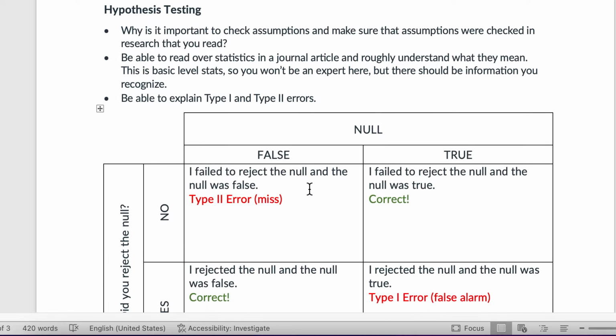Now, as far as the importance of checking assumptions. Okay, so we all remember checking assumptions as we go, right? For this course, you've had to do that several times. And you know that there are assumptions to each of these parametric statistics. We're not doing non-parametric statistics in this course, so these are considered what we call parametric statistics.